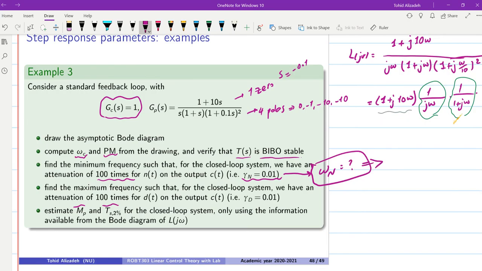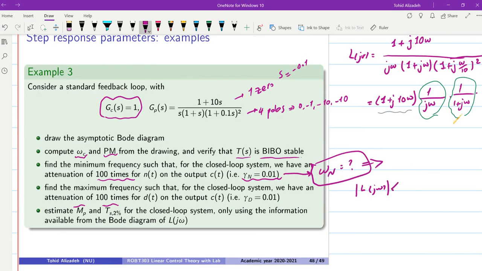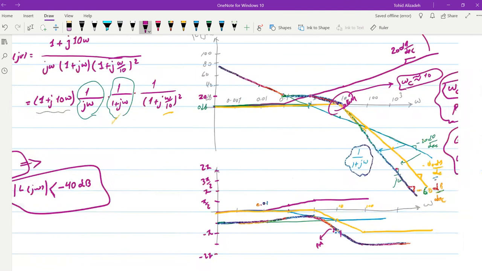So basically we need to find out where the amplitude of L of j omega falls below minus 40 decibels.